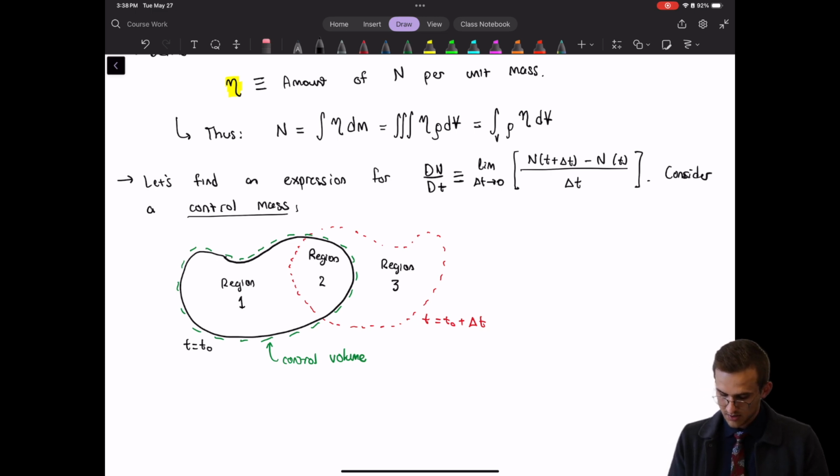Okay? So what we can do is split up this dN/dt derivative into a few different pieces, right?